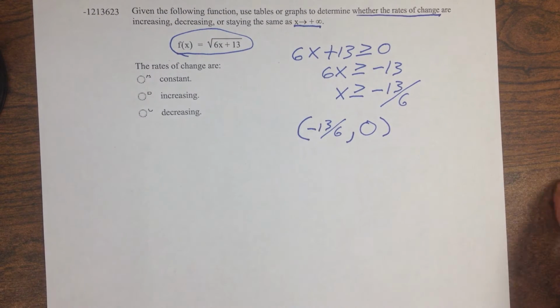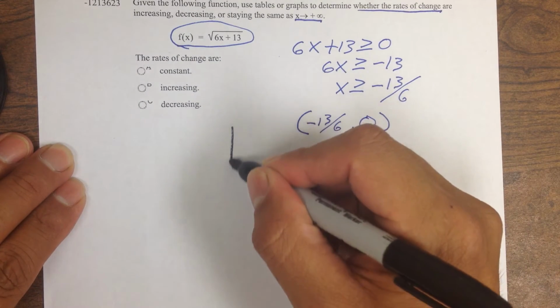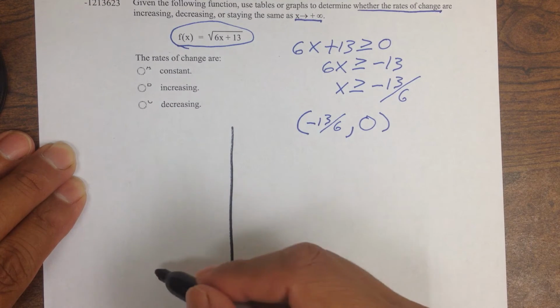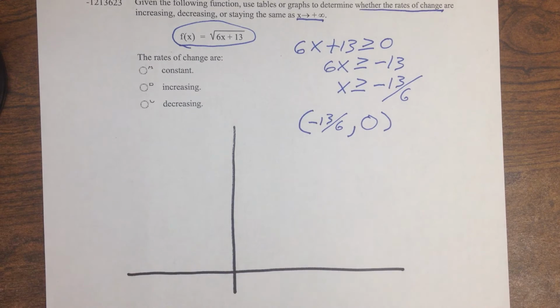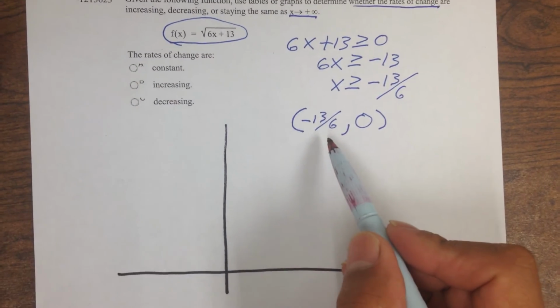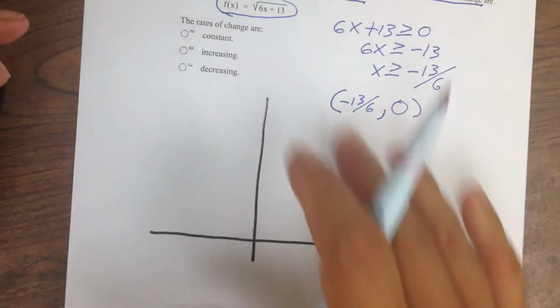So I'm going to make a quick rough graph of this function. Here's my x-axis and my y-axis. Now, I'm just making a rough graph. You should notice that this graph starts off with a negative x value and a y value that is 0.